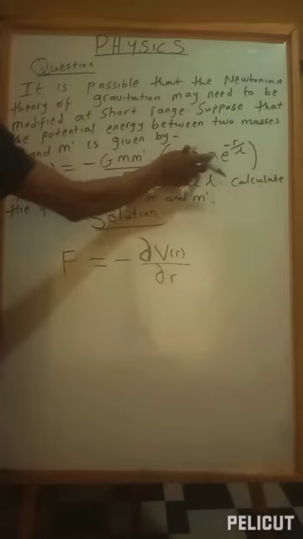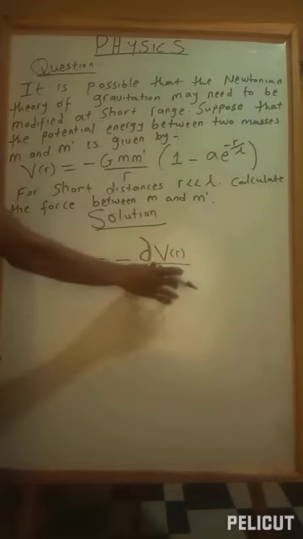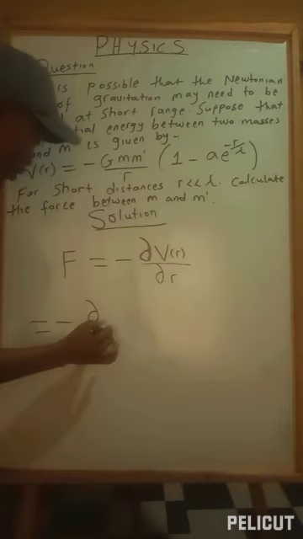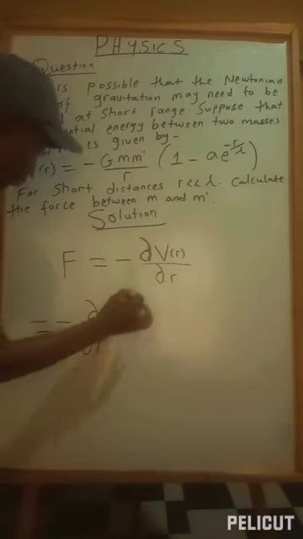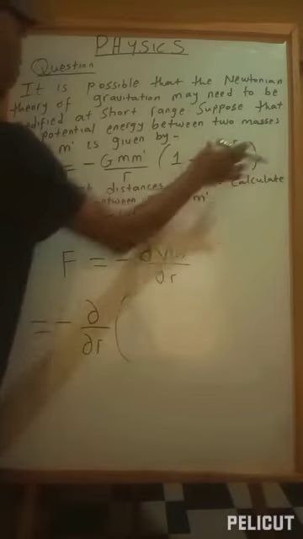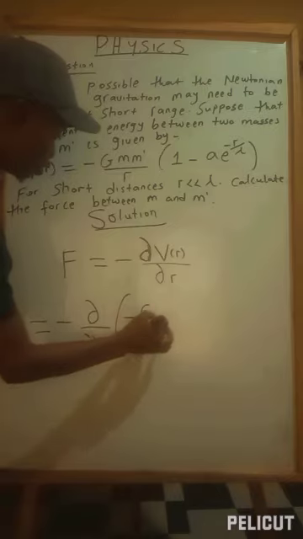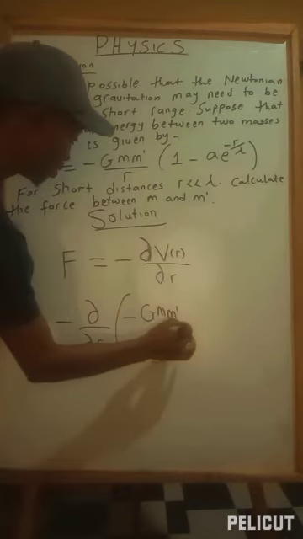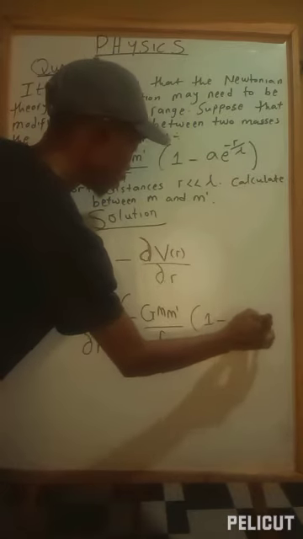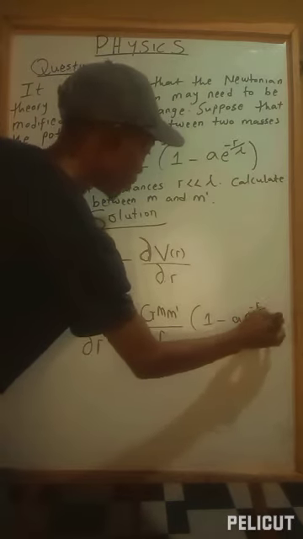Okay, substituting this function inside this. So this is going to be minus the derivative with respect to r of V of r, which is everything here. That's going to be minus G m m prime divided by r, times (1 minus a exponential of minus r over lambda).